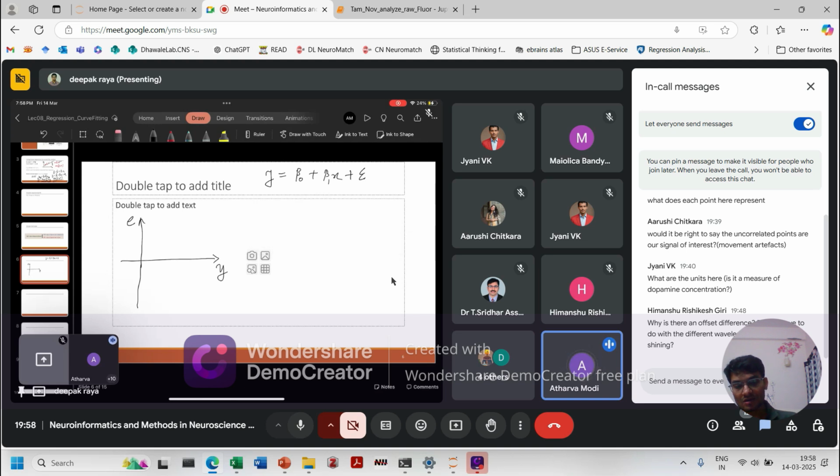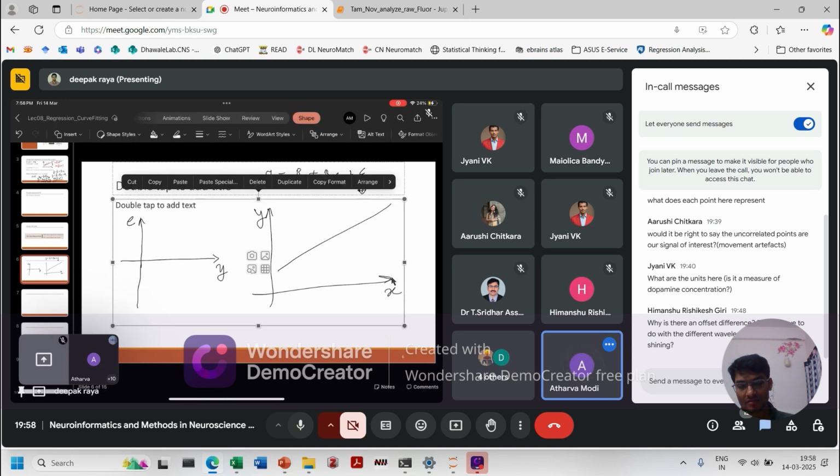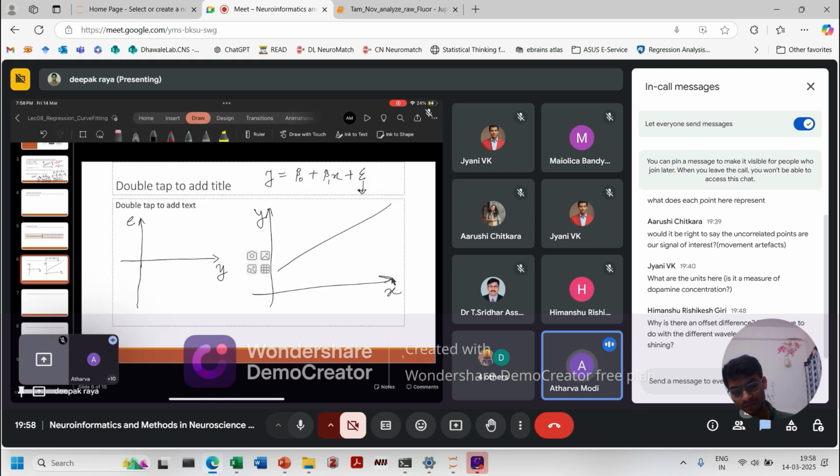So for ordinary least square estimate we don't assume this, but in general what we assume is this. Let's say this is x and this is y, and this is our beta naught plus beta 1 x line. So the y's are offset from the line by epsilon 1, epsilon 2, epsilon 3, like that.